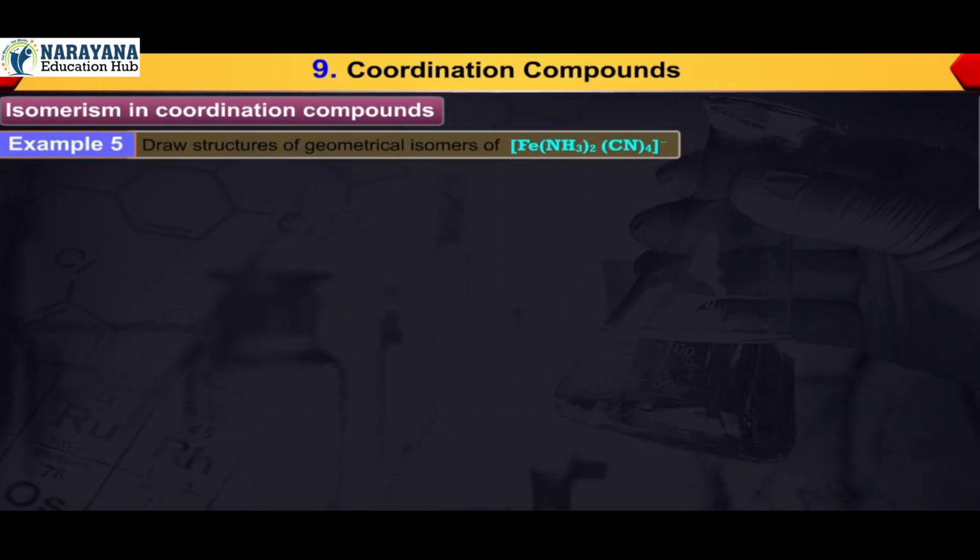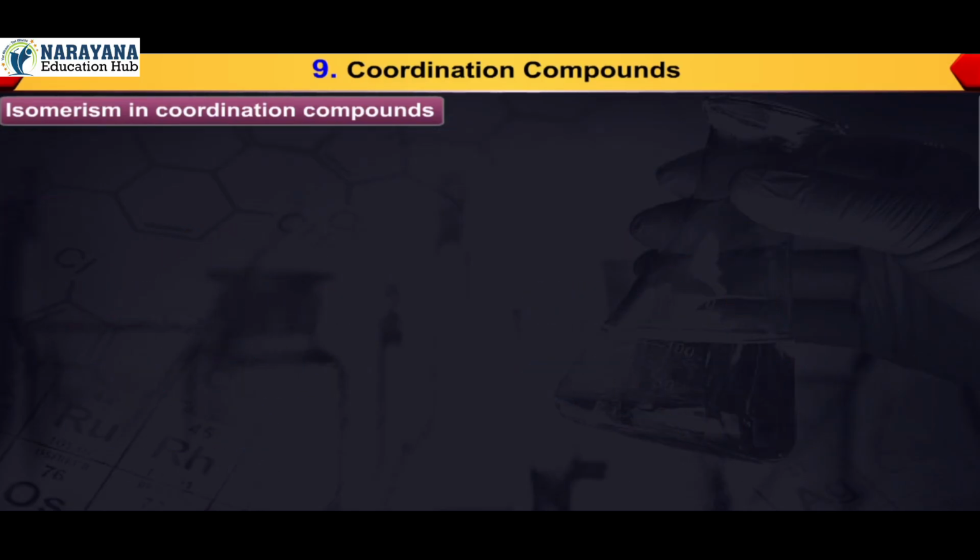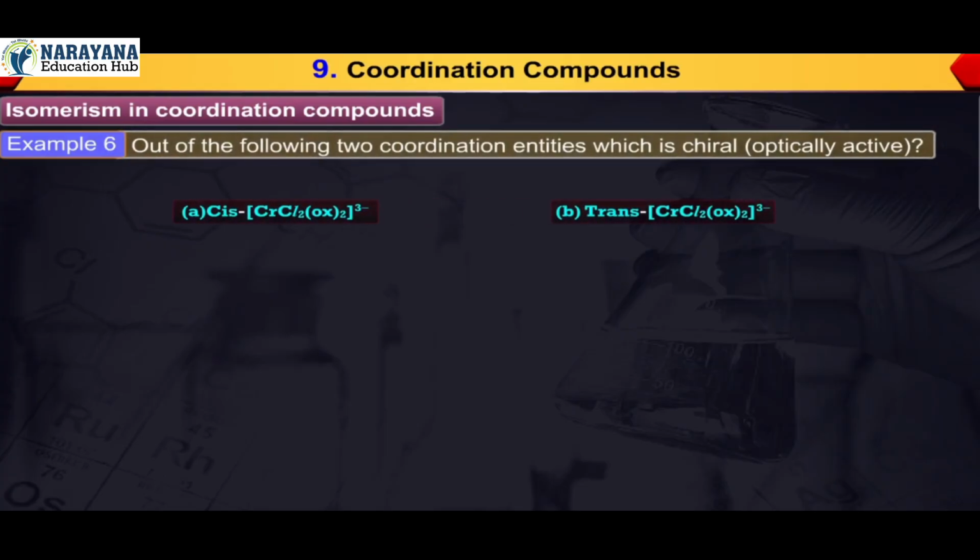Example 5. Draw structures of geometrical isomers of [Fe(NH3)2(CN)4]−. Solution. Example 6. Out of the following two coordination entities, which is chiral, optically active? A. cis-[CrCl2(ox)2]3−. B. trans-[CrCl2(ox)2]3−.